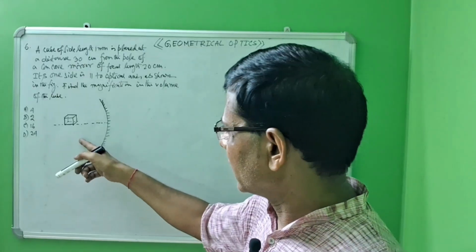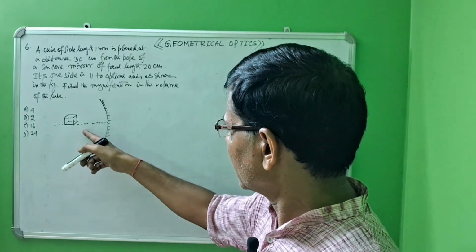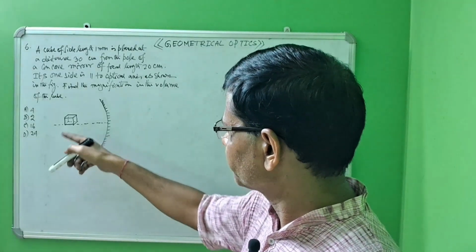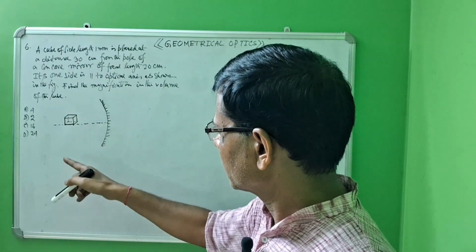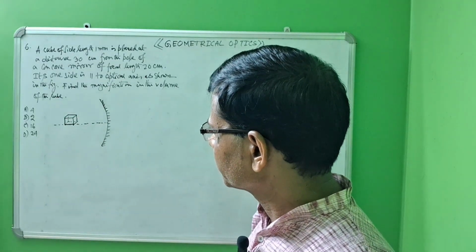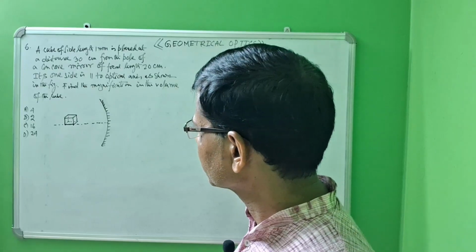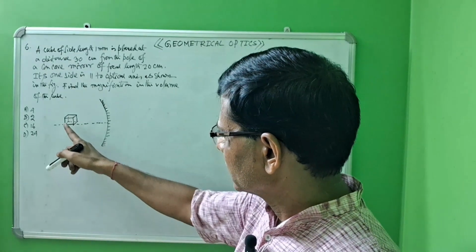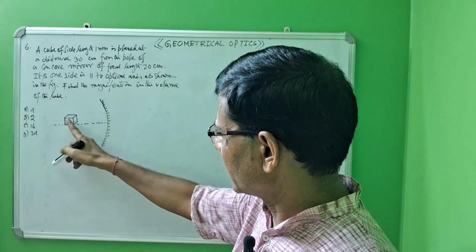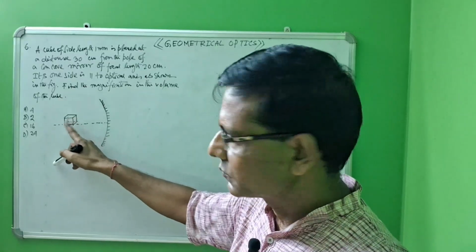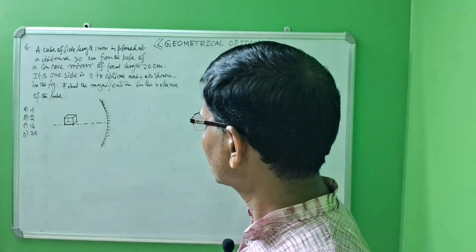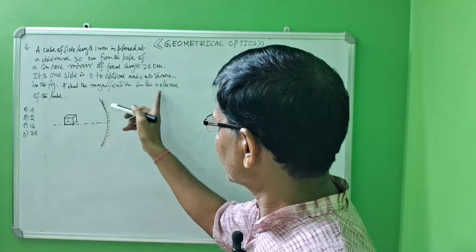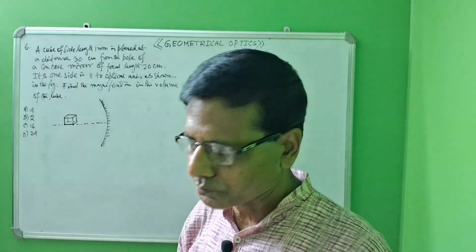One side is parallel to the optical axis, this side also. This plane is parallel to the optical axis. Find the magnification in the volume of the cube.